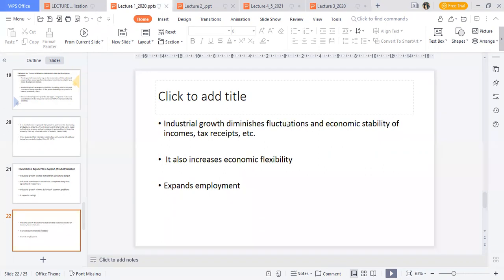Fluctuation has to do with a situation where the economy sometimes goes down in terms of production, like they're not able to produce as you used to. And if you rely on only agriculture, when agricultural output goes down, your economy goes down. But if you have an industry that will process the agricultural products, you end up having what you call economic stability.